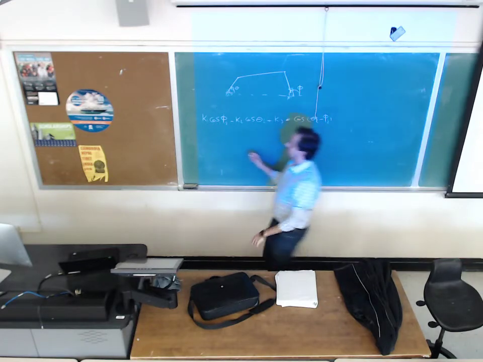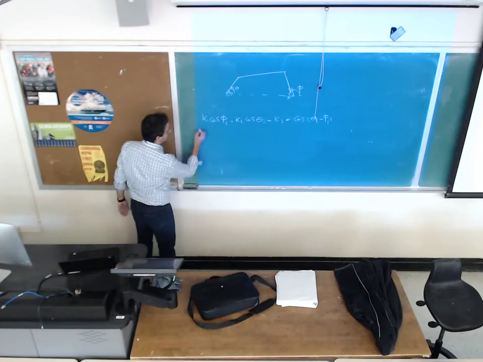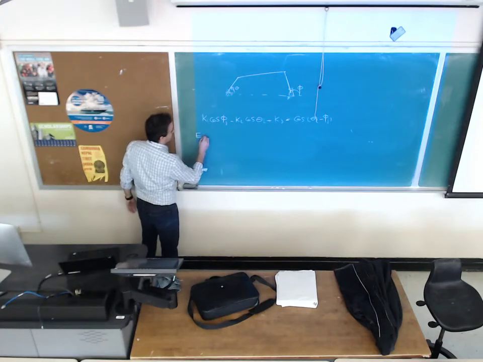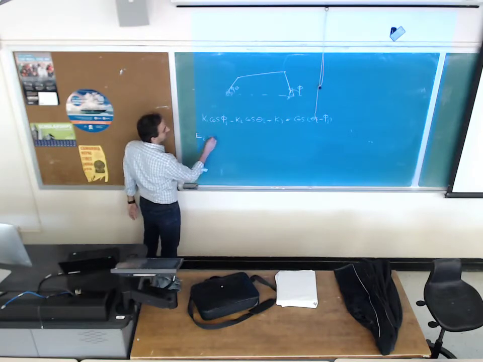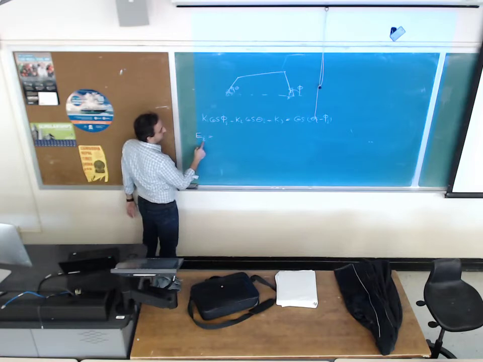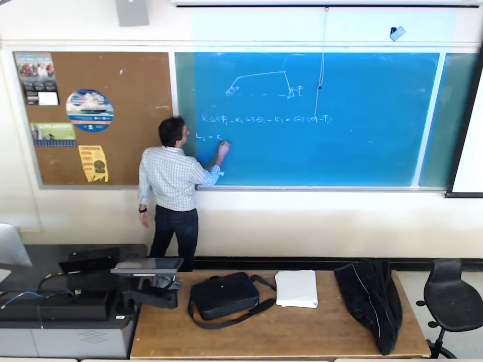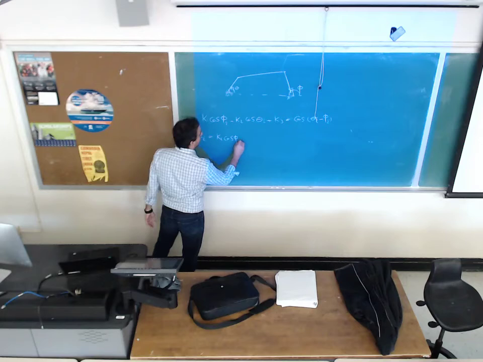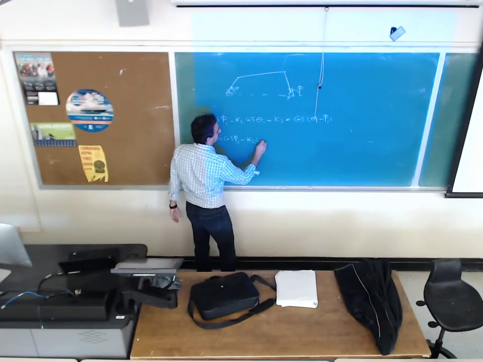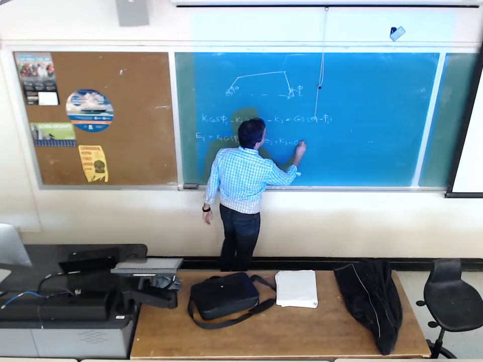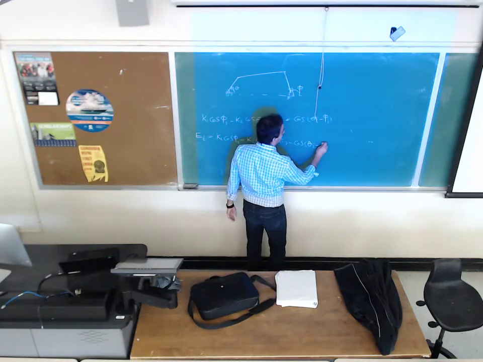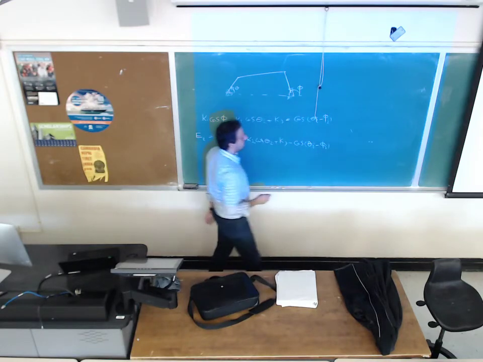So error, with I representing the precision point or the point that we are talking about. So E I would be K1 cosine of phi minus K2 cosine of theta I plus K3 minus cosine of theta I minus phi.